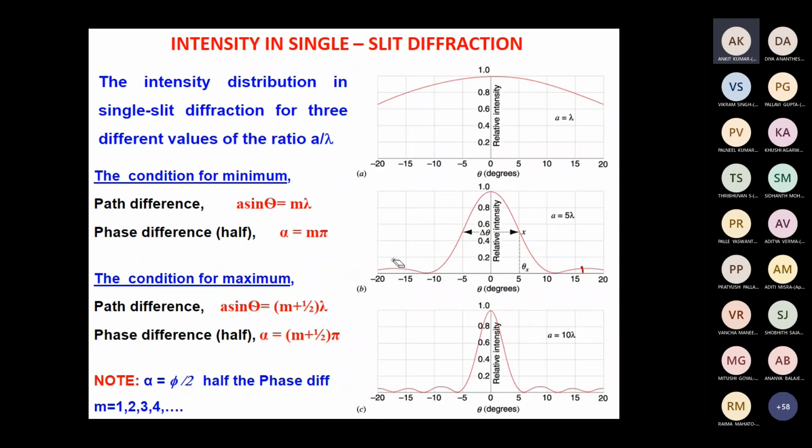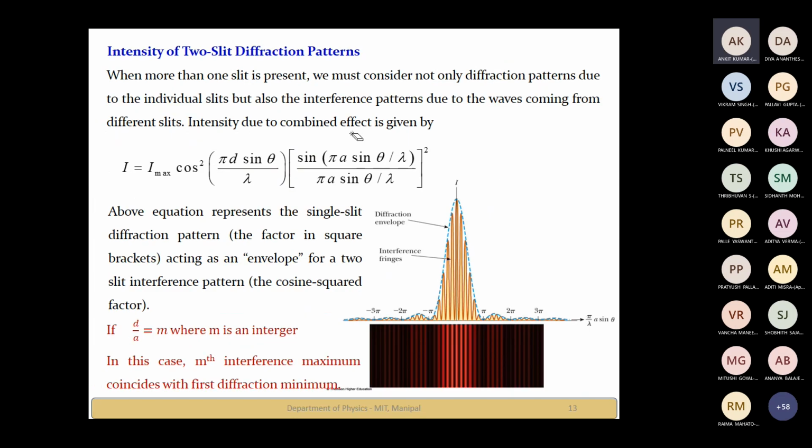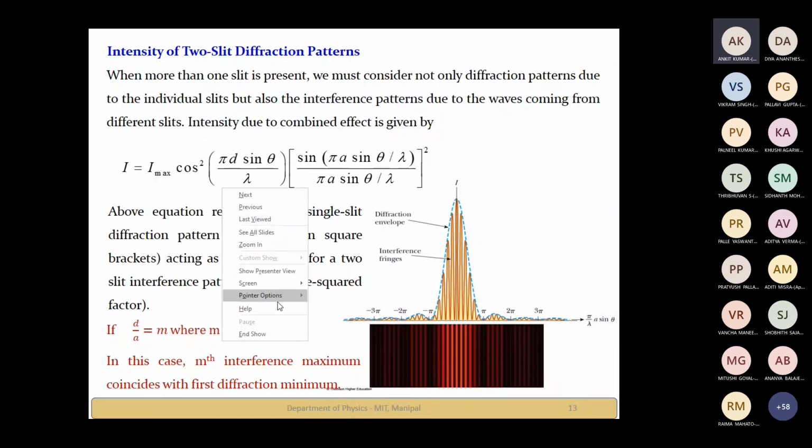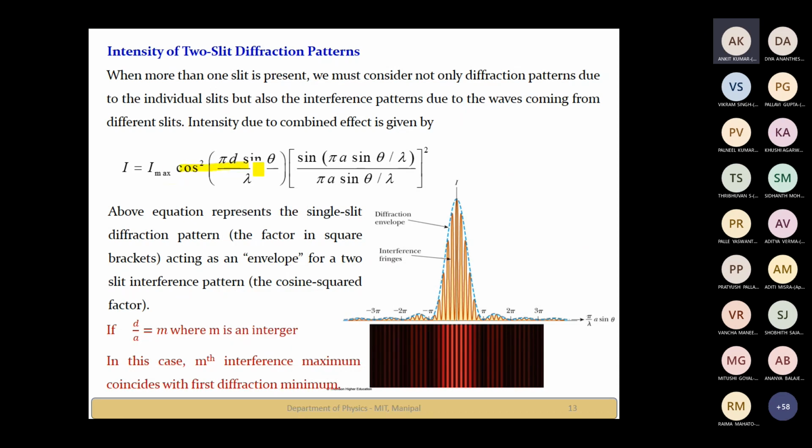Now, you saw diffraction at a single slit. Now we will see diffraction at a double slit, that is two-slit diffraction. You might have seen that the expression for intensity here comprises two factors. This one represents intensity due to what?